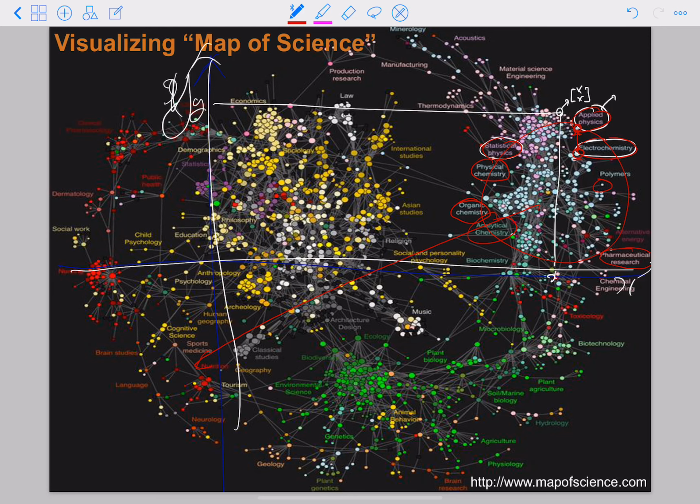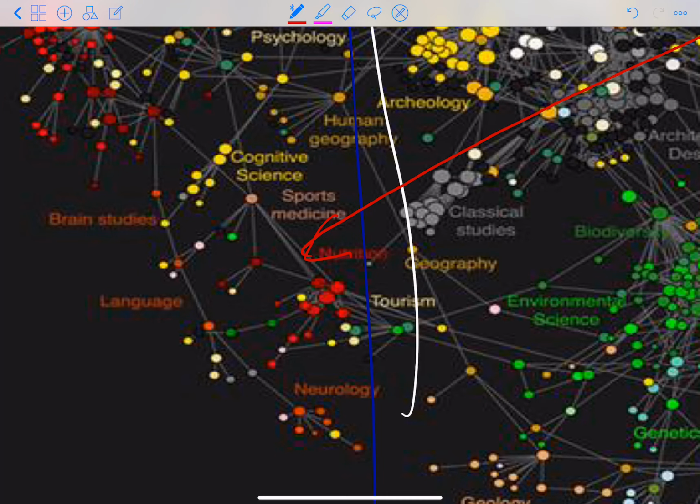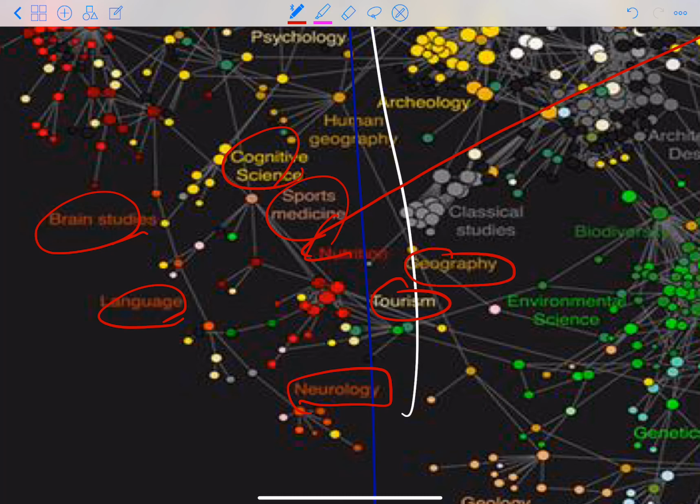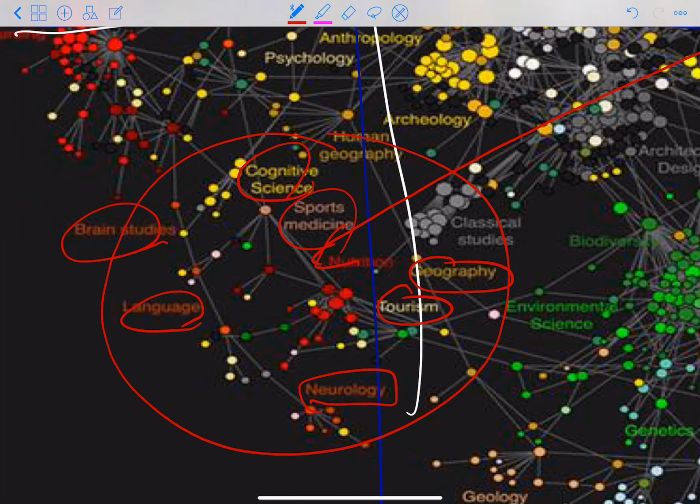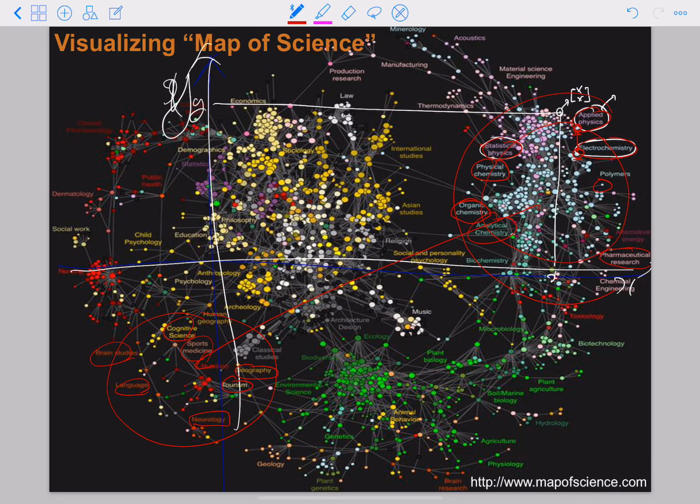But on the other side, we can see language and brain studies, cognitive science, sports medicine, neurology, tourism, and geography forming roughly a single cluster, and these are quite far apart from those areas.